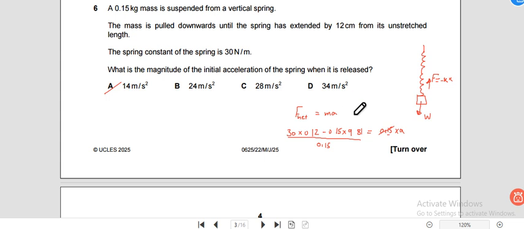Someone may ask why you make the F spring positive and not negative. The negative sign refers to the direction opposite to the stretching, or to the compression if we compress the spring. But here, when we calculate F net, we are dealing with magnitudes, and the sign or direction refers to whether it is upward or downward.